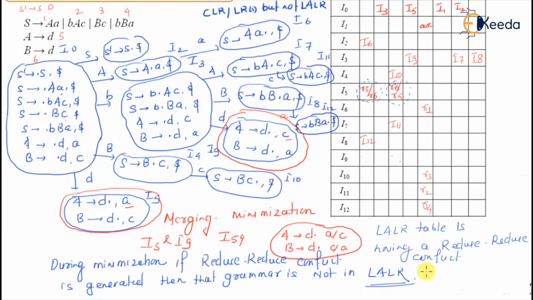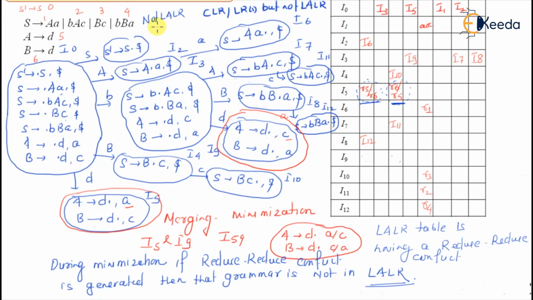So we have to be careful during merging or minimization. If I minimize the grammar and then minimize the table, and in that process we are able to generate a reduce conflict like here, then we can say that this grammar is CLR but not LALR. So this grammar is not LALR.